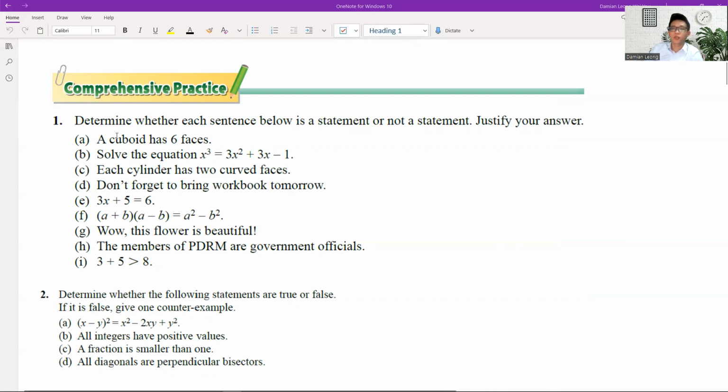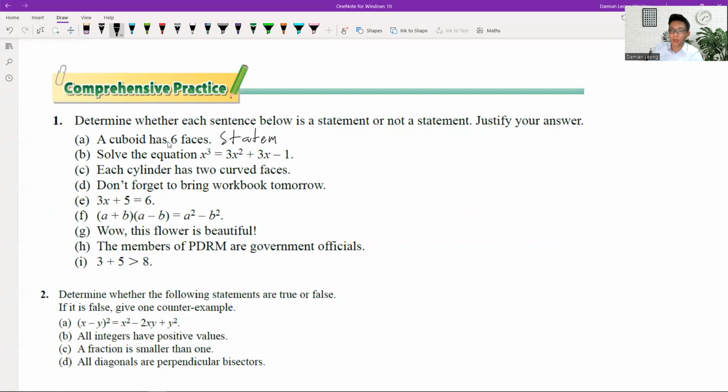So if we see each of the sentences here, a cuboid has 6 faces. I can say it's true, I can say it's false. In fact, this is a true statement, but I don't actually need to say whether it's a true statement or a false statement. I just say it's a statement.